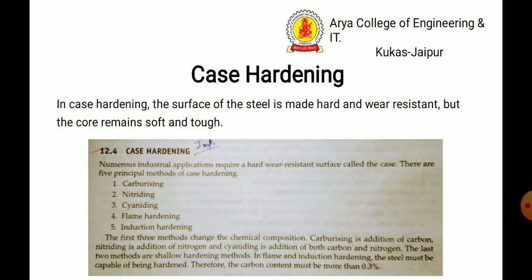Carburizing is mainly the addition of carbon, nitriding is the addition of nitrogen, and cyaniding, as its name suggests, is the addition of both nitrogen and carbon. The last two methods, flame hardening and induction hardening, are mainly based on the type of flame and type of induction, and the carbon content must be more than 0.3% in these two types of case hardening processes.